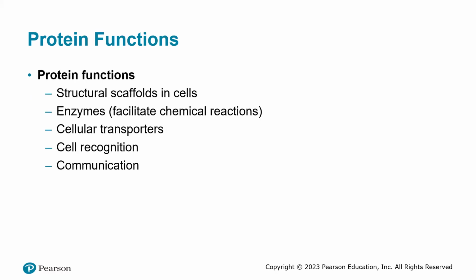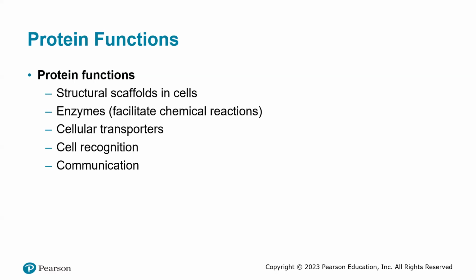So these proteins have multiple functions in the cell. They can be scaffolding within the cell wall or in the cell membrane. There are lots of enzymes that are going to facilitate different chemical reactions, such as breaking or building molecules.